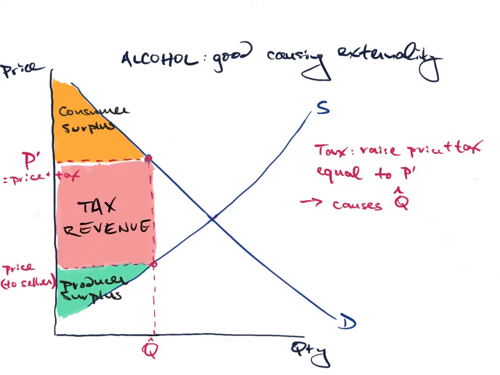In between, that red rectangle is the tax revenue generated by this good. Tax revenue, just to remind you all, is the quantity sold times the per unit tax.